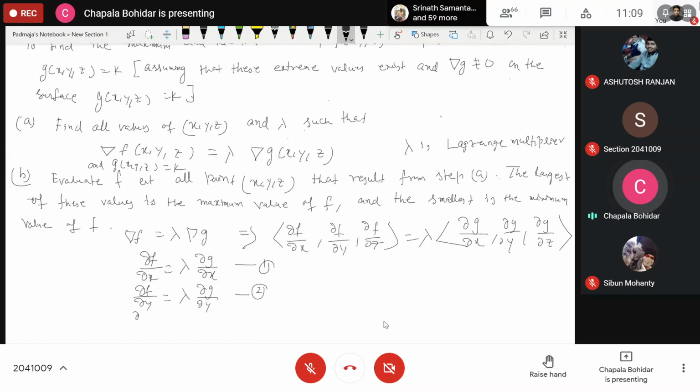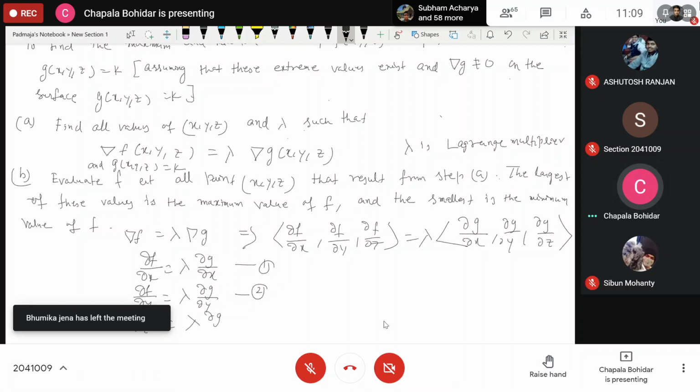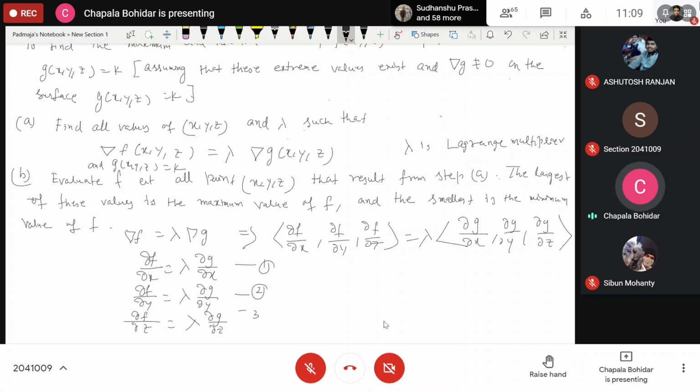Del f by del z is equal to lambda into del g by del z, say 3. And we have the constant given, g of x, y, z is equal to k, say 4. So we have four equations, four unknowns, and we can find the value of x, y, z.